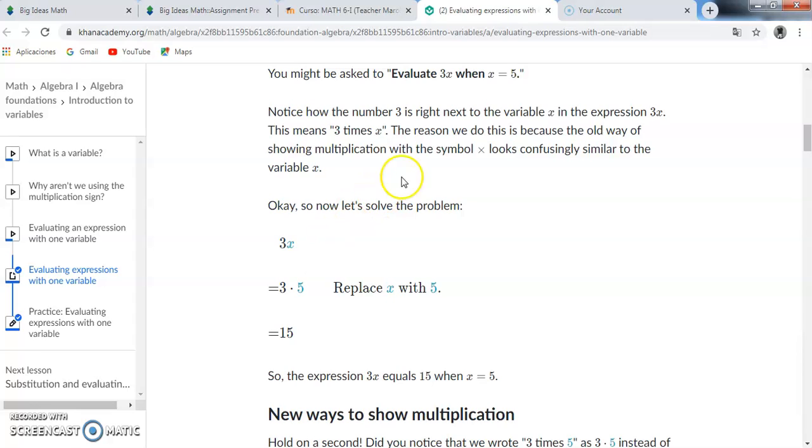In this case, they're telling me evaluate the expression 3x when x equals 5. That means that where x is, I'm going to replace it with the 5, without forgetting that when they're really stuck together, really close together, that means a multiplication. That's why they use a dot, to show that it is multiplication. And then you solve the operation.